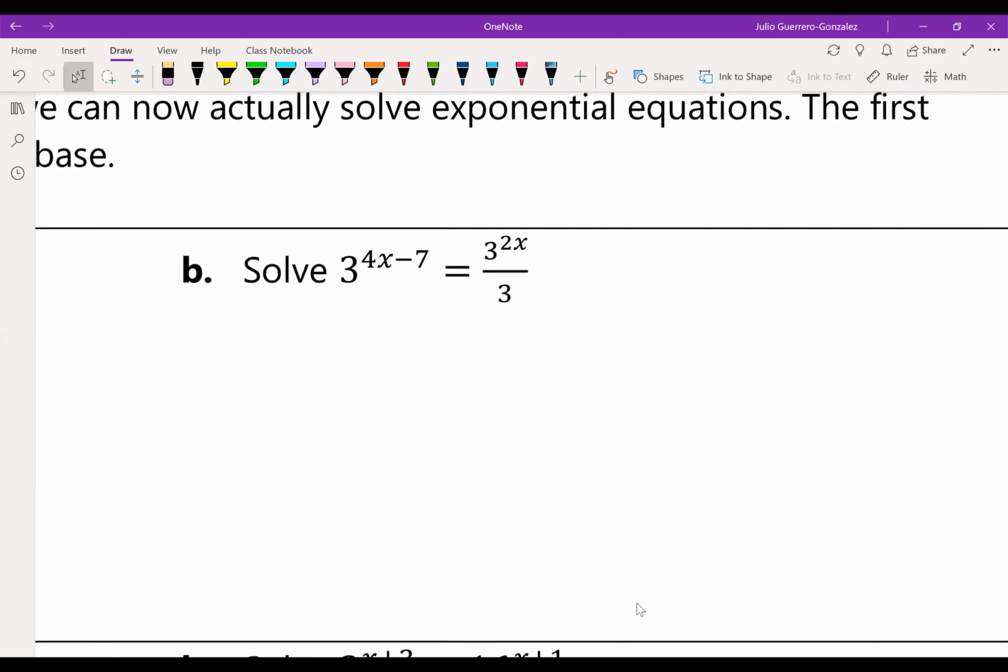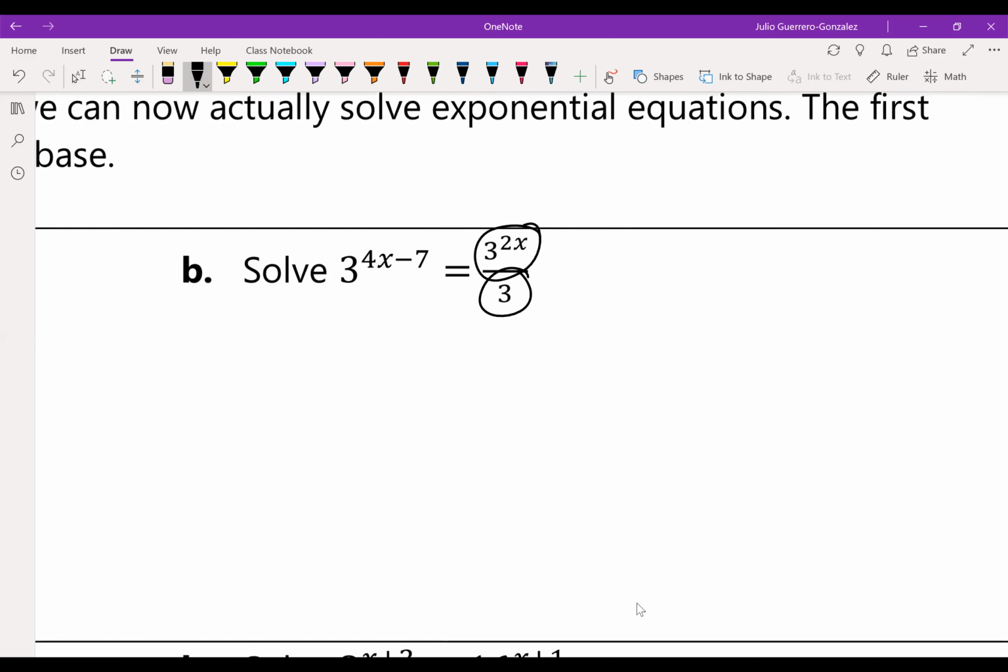The same rules that we were using in section 4.1, the exponent rules, we can still use those here. So on this side, I have this divided by 3 at the bottom, right? So I'm going to figure out what to do with that first before I do any of the stuff that we were doing with the last one.